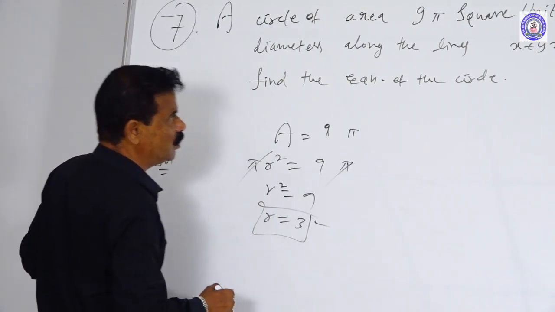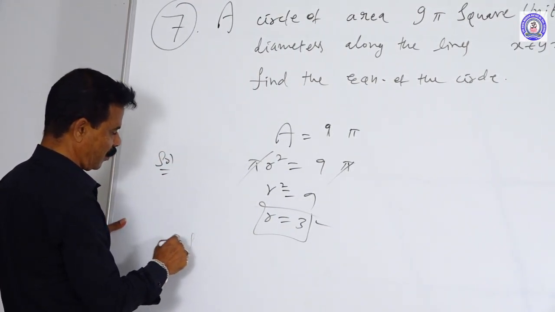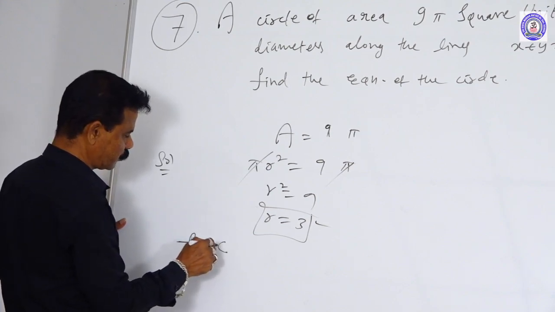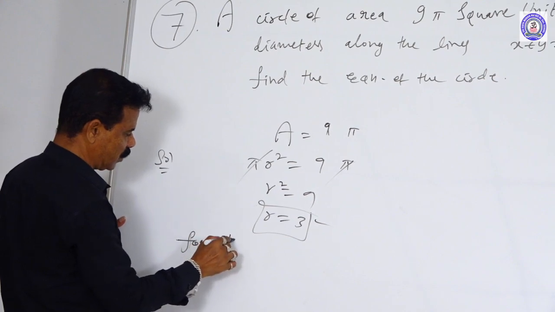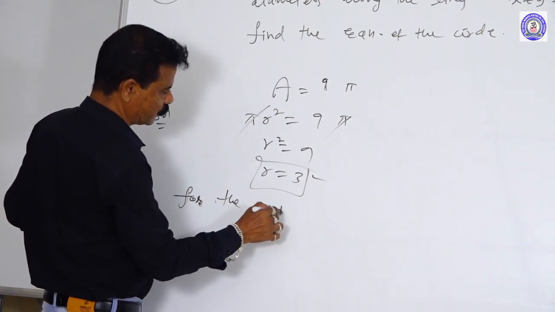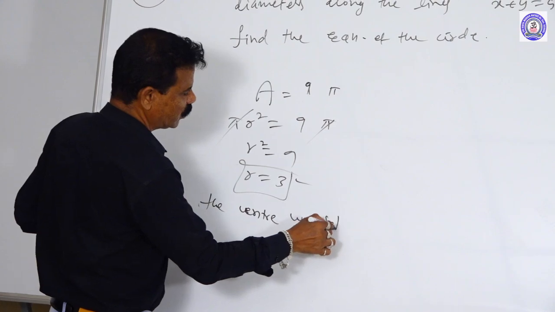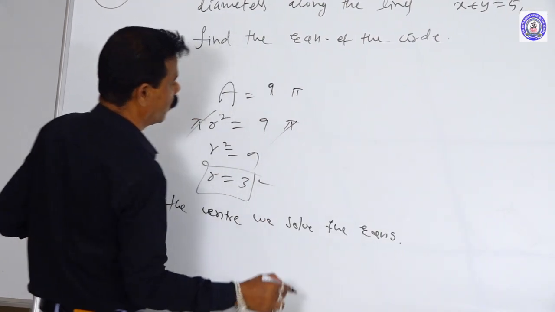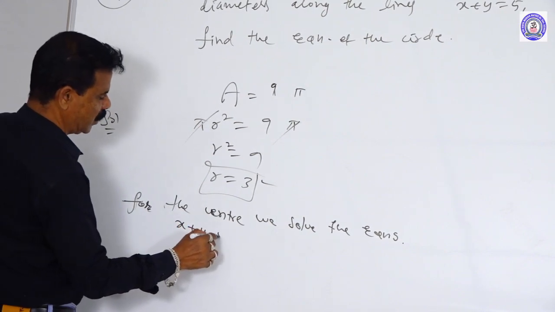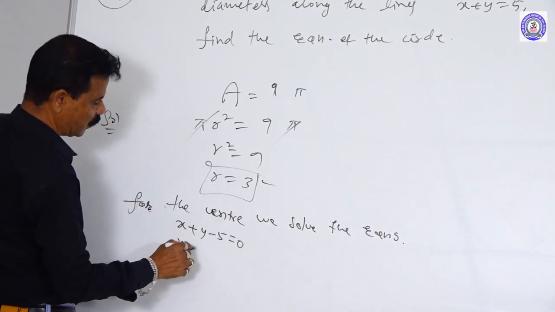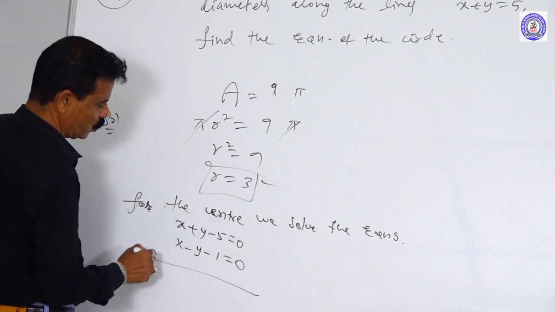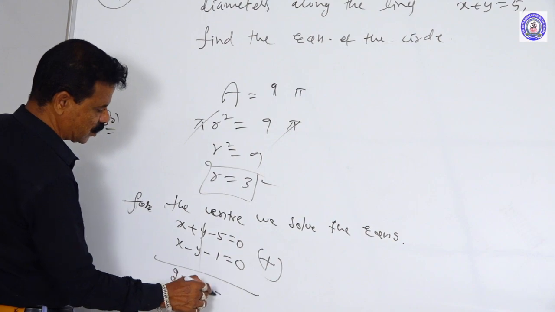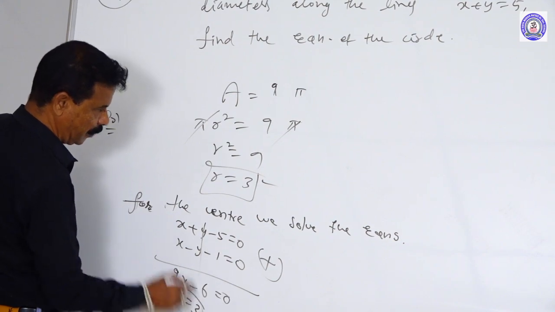For the center we solve the equations. X plus y minus 5 is equal to 0. X minus y minus 1 is equal to 0. On summation y gets cancelled. 2x minus 6 is equal to 0. X is equal to 3.